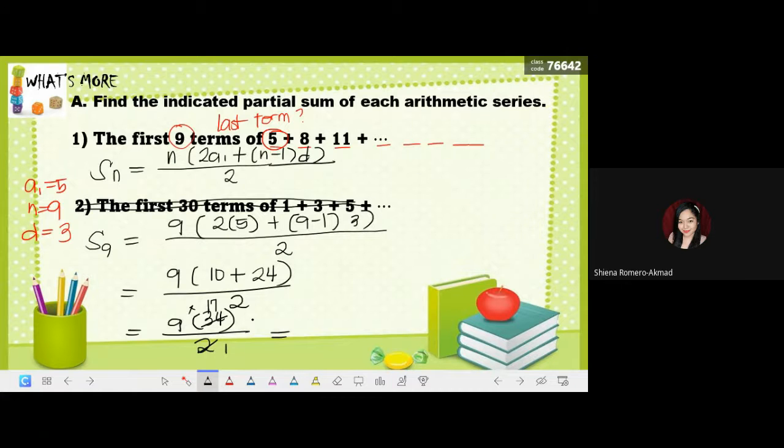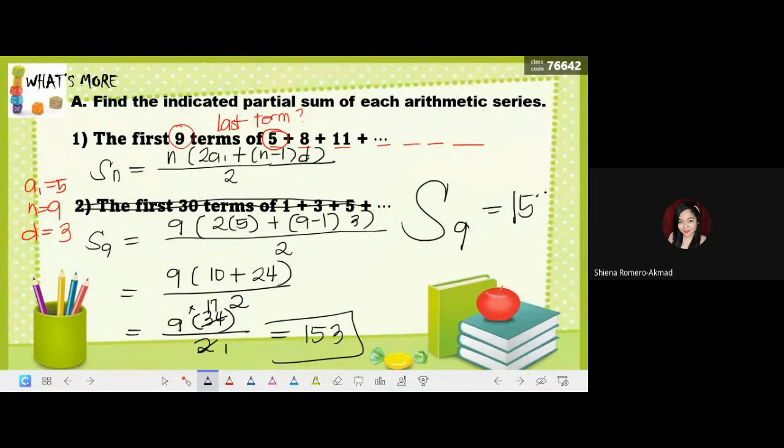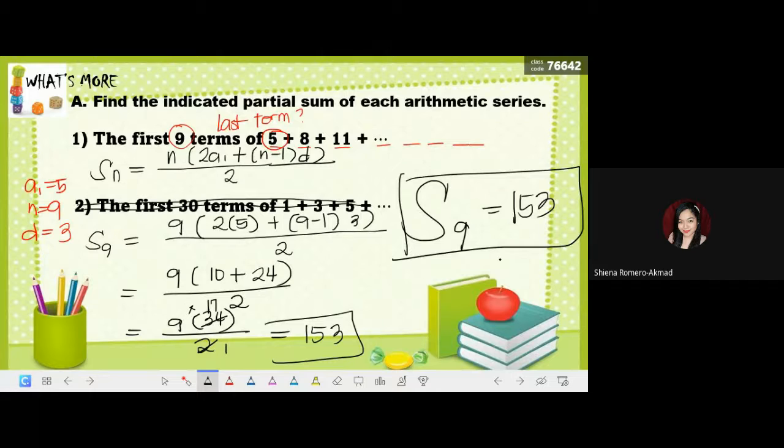Yes, Ashley. 153 po. 153. So, ibig sabihin, yung sum ng 9 terms is 153. Ganun lang siya. Substitute niyo lang to, ito, at ito.